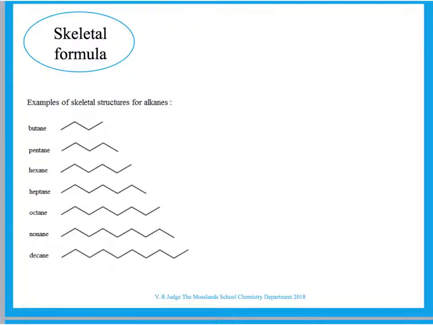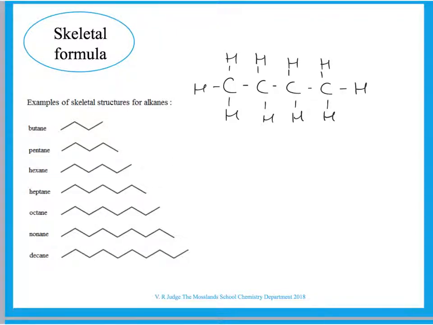So what happens with skeletal formula is you remove all of the carbons and all of the hydrogens, and you just draw the bonds between the carbon atoms. So I'm going to show you the top one here. Okay, so this is that compound there.